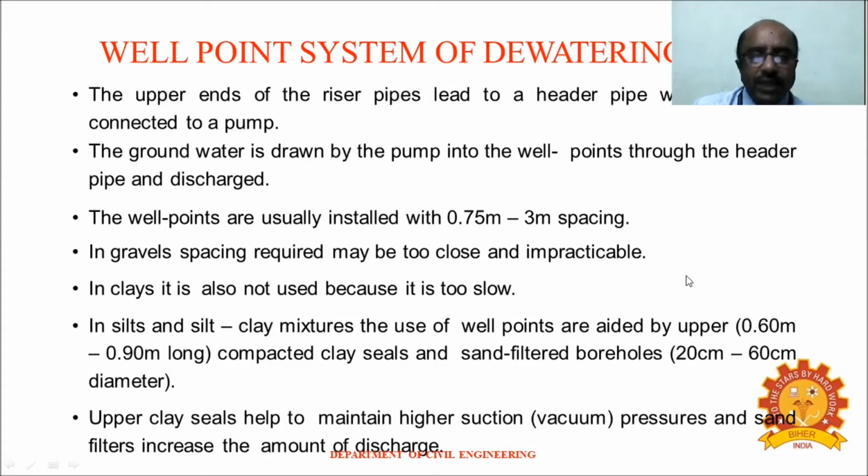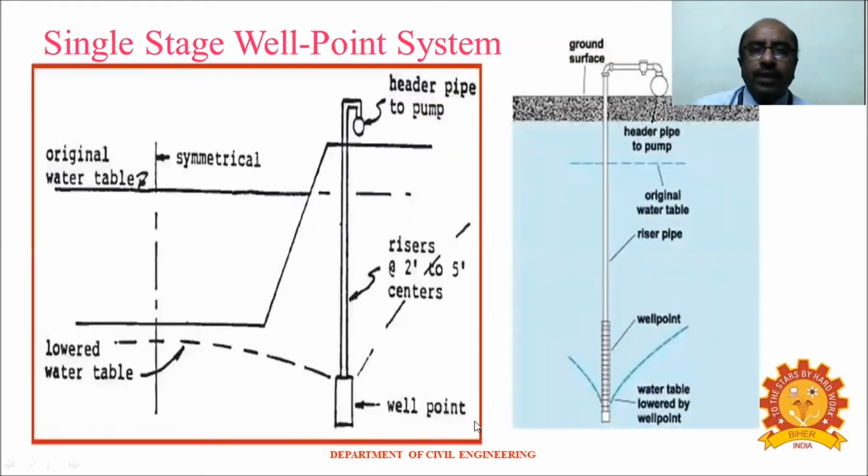In the case of silts and silty clay mixtures, the use of well points is aided by upper compacted clay seals and sand filtered boreholes. Upper clay seals help to maintain higher suction pressure, and sand filters increase the amount of discharge.